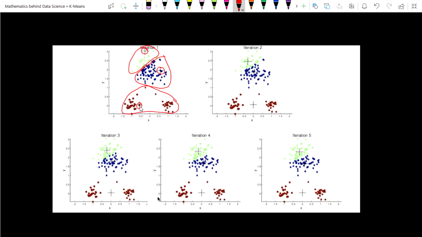Based on these three random centroid points we make this one cluster, this one cluster, and this one cluster. After making the clusters we have to update the centroid values: in iteration 2 we update the centroid values here, here, and here.